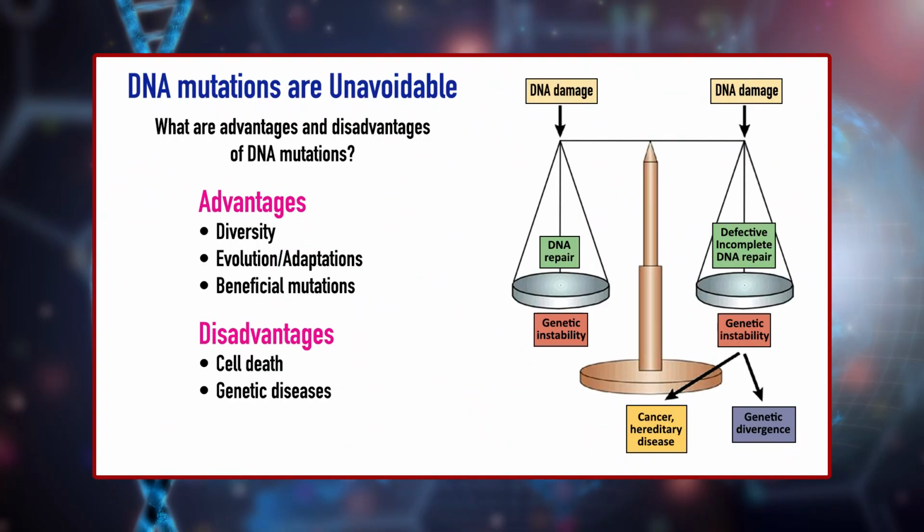Mutations are unavoidable. They may have adverse effects on organism's health and survival. Sometimes they may have no obvious effects, or rarely they may be beneficial for the bearer.